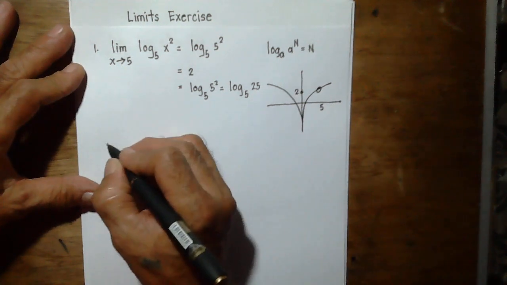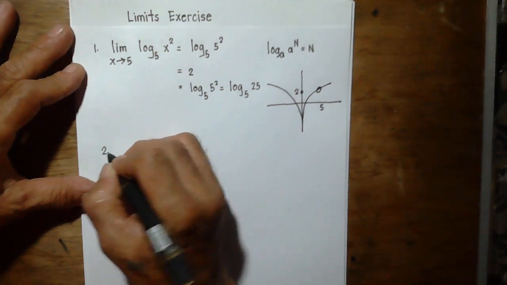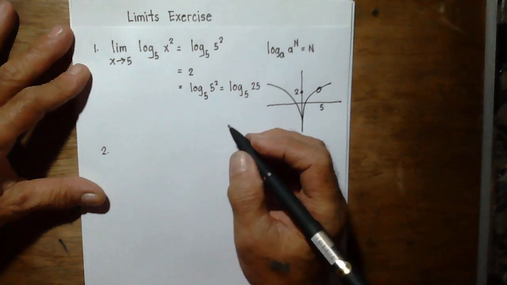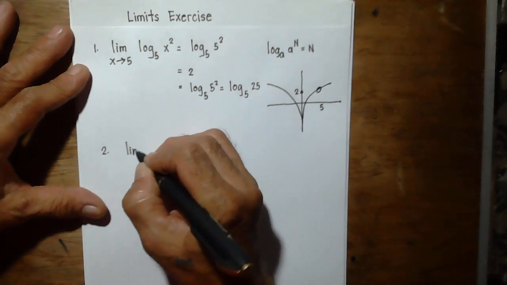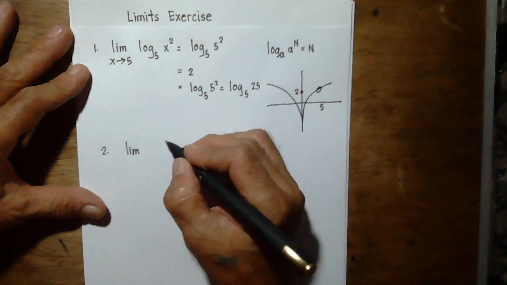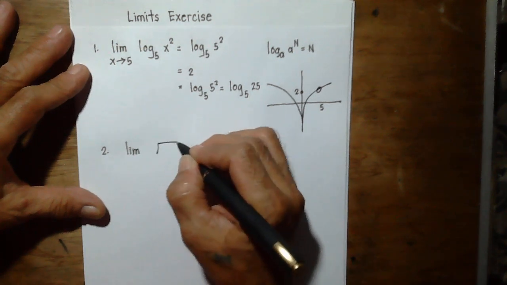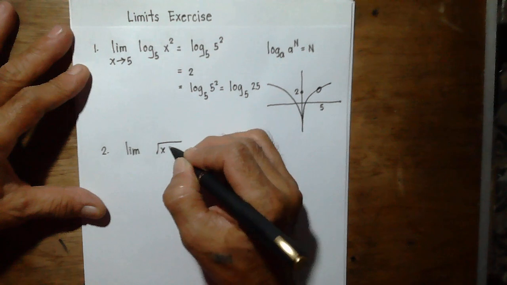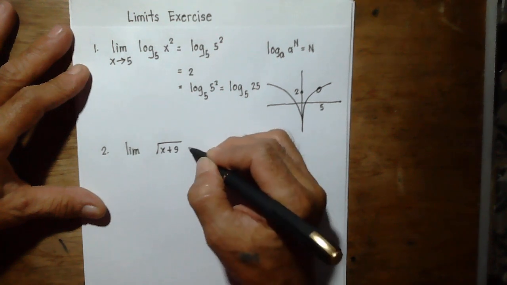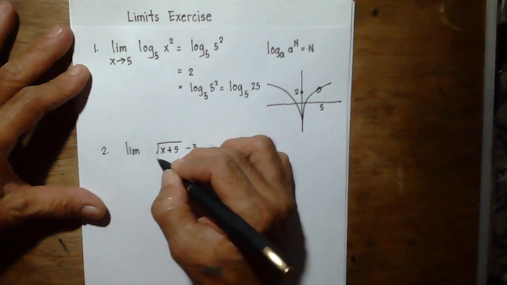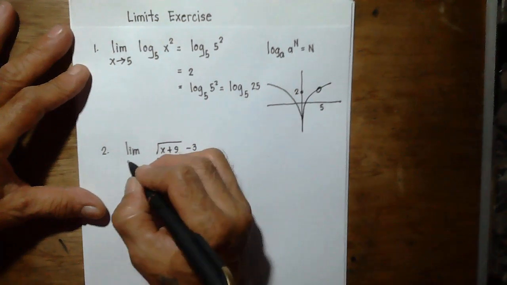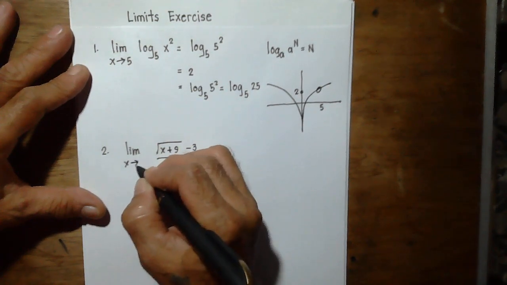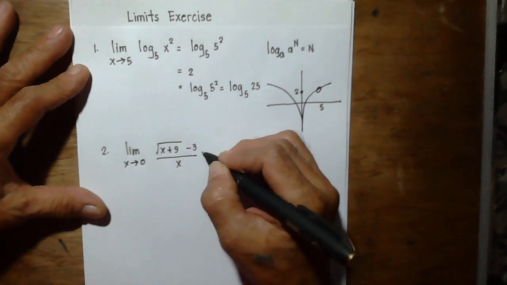Now, for example number 2, we have the limit of square root of x plus 9 minus 3 over x as x approaches 0.